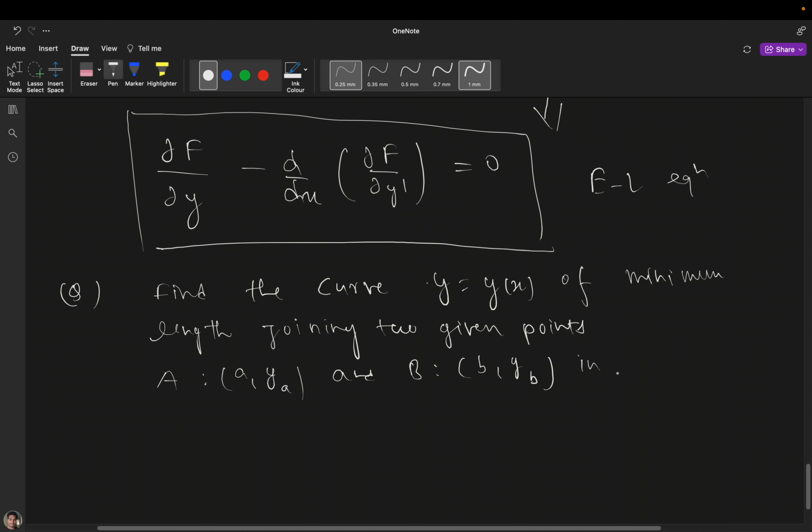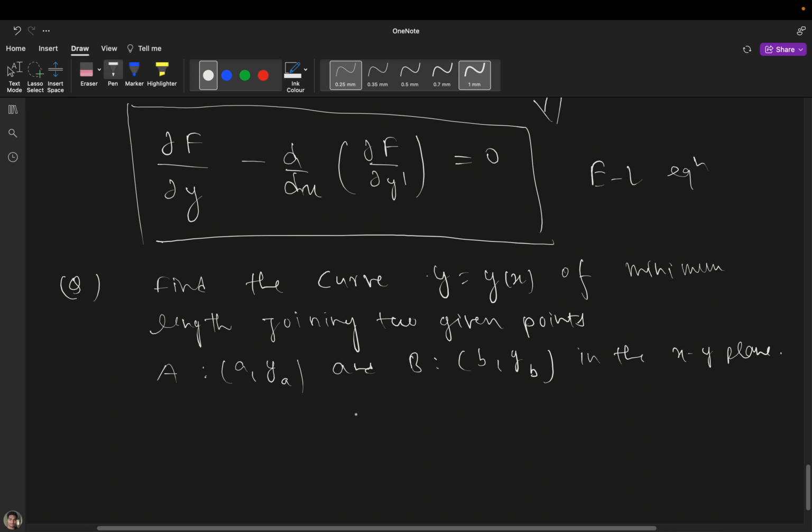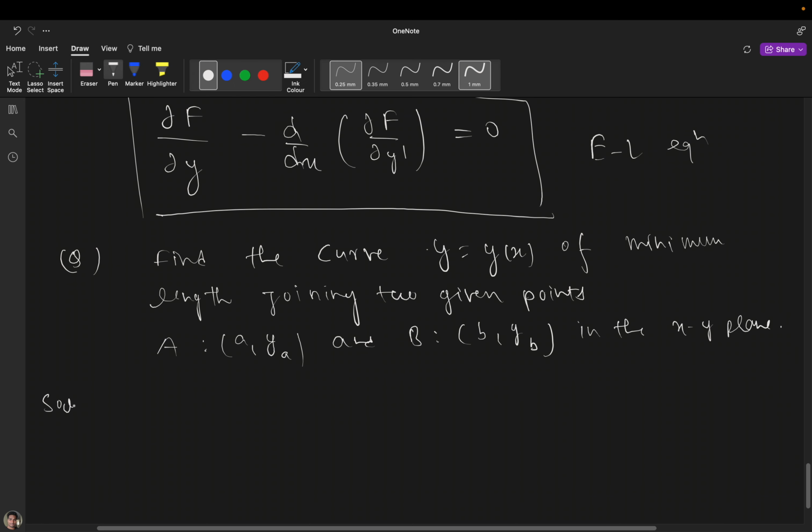Here in the xy plane, can you tell me what will be the solution in this case intuitively? This surface is the xy plane, and the curve of minimum length is the line joining these two points. In this case the solution will be a straight line joining these two points.